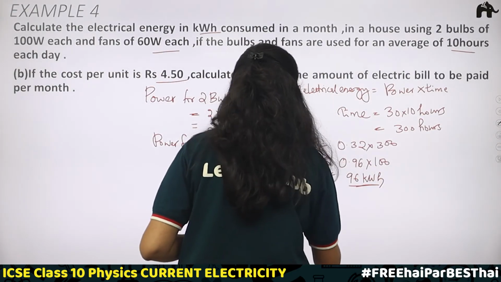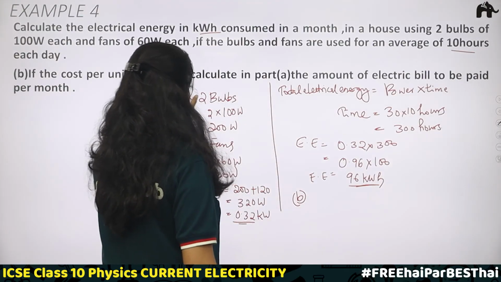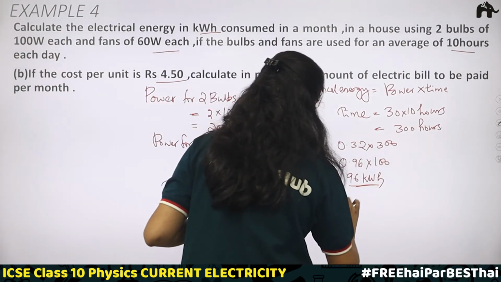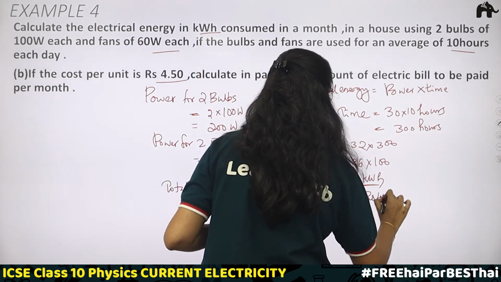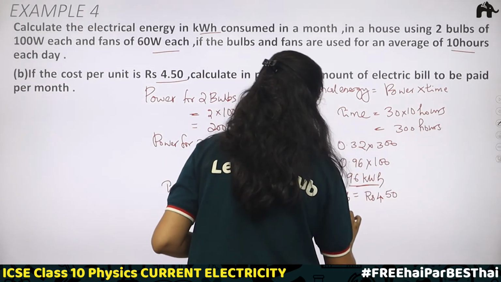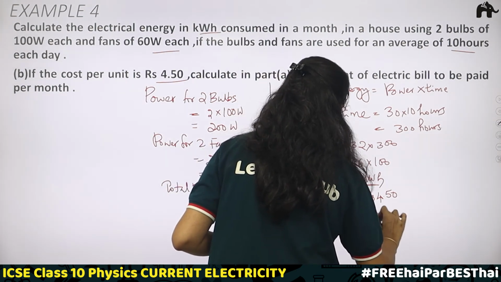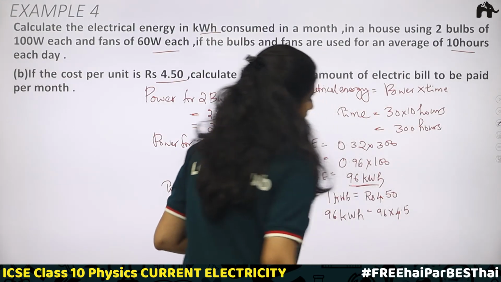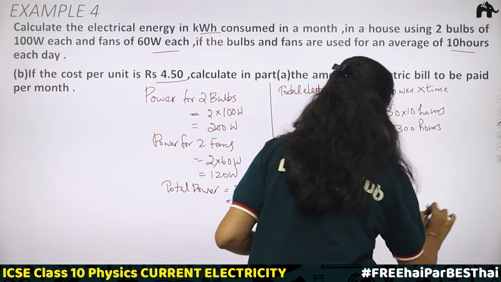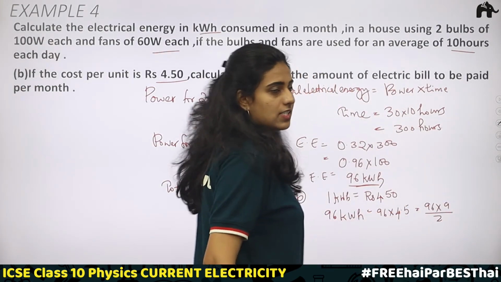Now the second part of the question, B part: if the cost per unit is rupees 4.50, it is for 1 kilowatt hour, the price is rupees 4.50. We have to find the cost for 96 kilowatt hour, which is equal to 96 into 4.5. 96 into 4.5 can be written as 96 into 9 divided by 2, since 4.5 is 9 by 2.